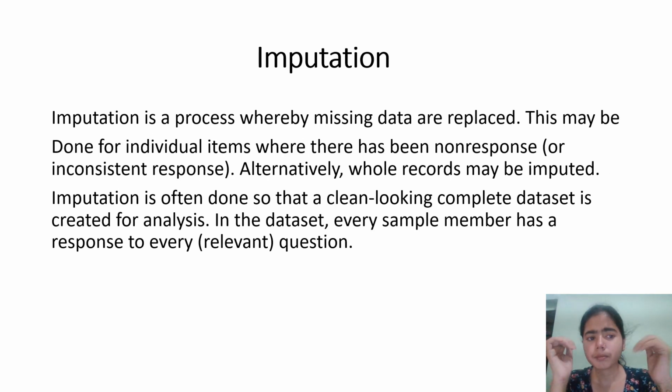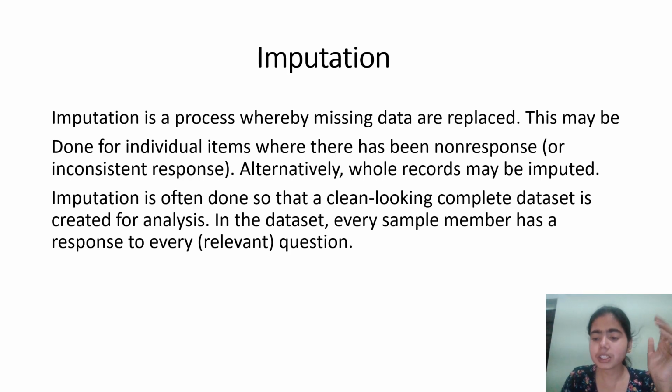These are the methods to fill the gap which is caused by non-response. Imputation is a process whereby missing data are replaced. This may be done for individual items where there has been non-response or inconsistent response. Imputation is often done so that a clean looking complete data set is created for analysis.